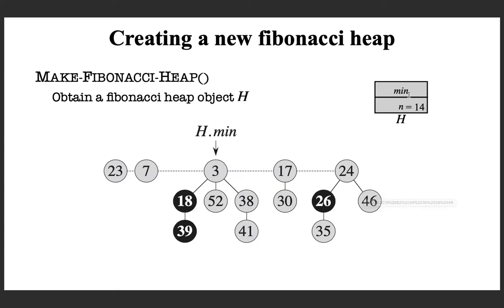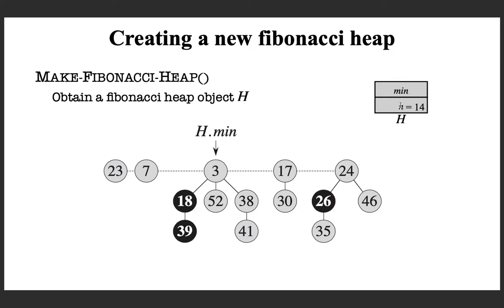So these are the only two fields that you need in the node structure representing the heap: a pointer to the node with the least key value, which is the min field of the heap, and the n field which represents the number of nodes.